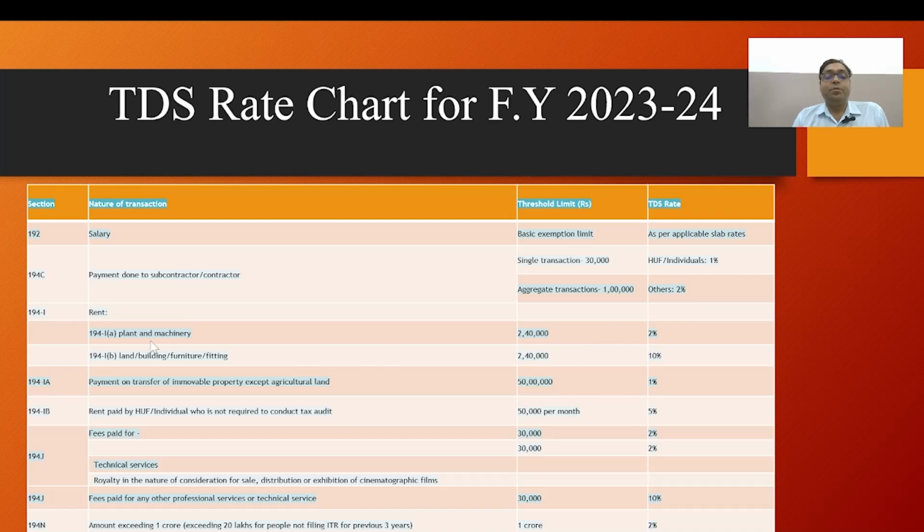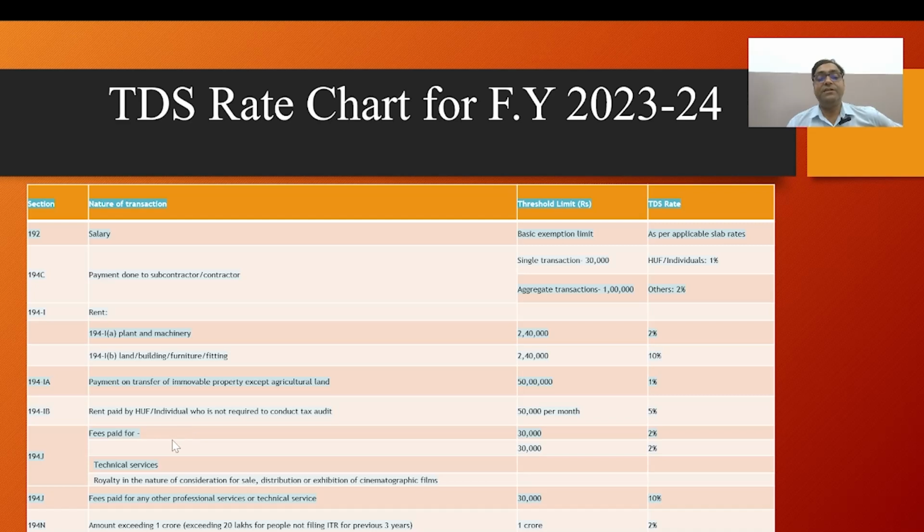And rent is 194-I: plant and machinery 2% and 10% for land and building. Payment on transfer of immovable property except agricultural land of 50 lakh rupees is 1%. Rent paid by an HUF or individual not required to conduct a tax audit, above 50,000 rupees per month, is only 5%.